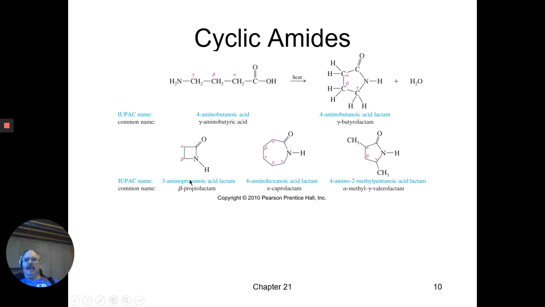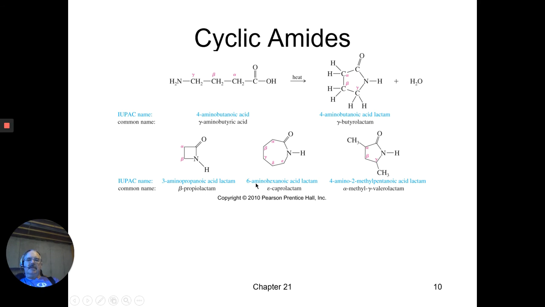Right, this is what's called a beta-lactam. It's 3-aminopropanoic acid lactam. So if we were to open this up, we would have 1, 2, 3, we would have propanoic acid, and we would have an amino group on carbon number 3.